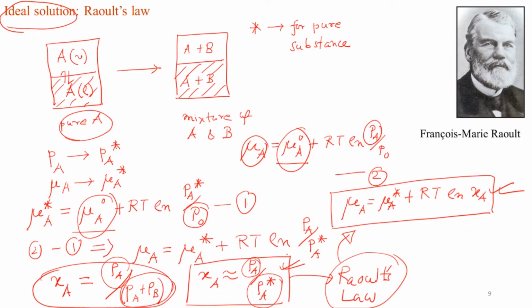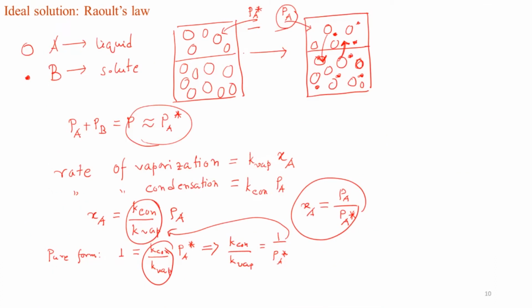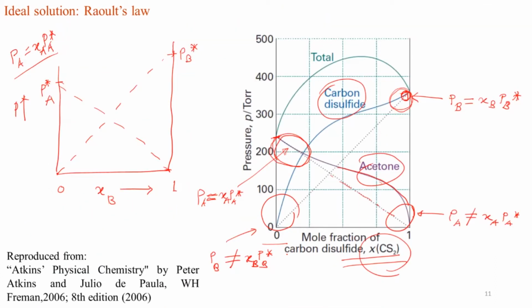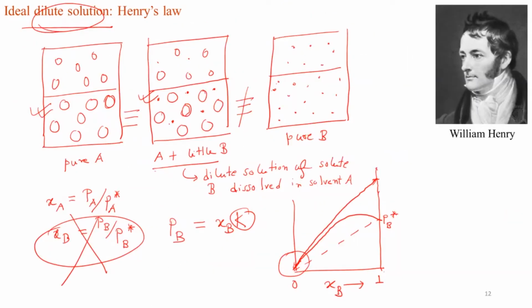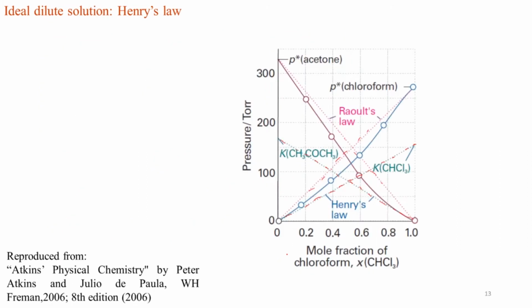Of course, reality is very different, and those systems we call ideal systems, and the solution an ideal solution. Now, Henry's law says that from the solute's perspective, where solute means the component which is very little, Raoult's law fails because the solute is in very small amount, and then you see a large departure. Here are some experimental data again. Now coming back to the last part of this section on mixtures.